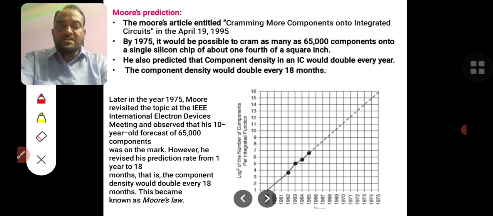So he predicted that as technology advances day by day, the fabrication units will acquire the capacity of producing double the number of transistors that today's technology has, within a period of 18 months.